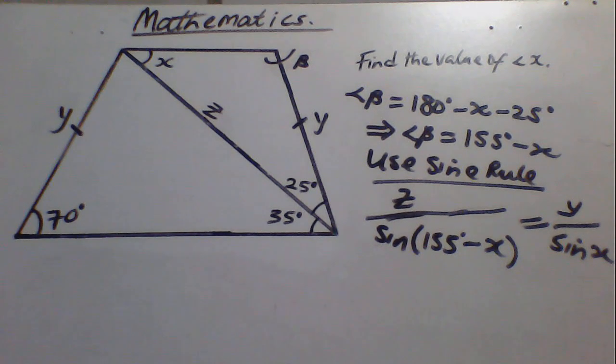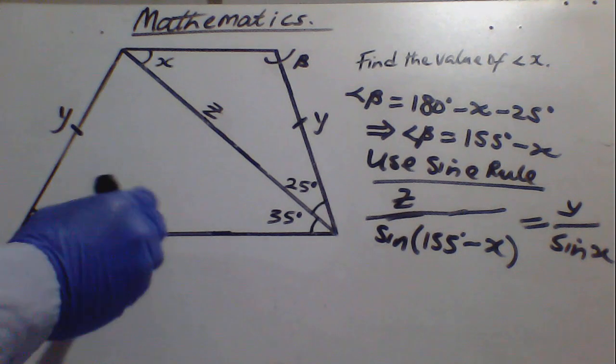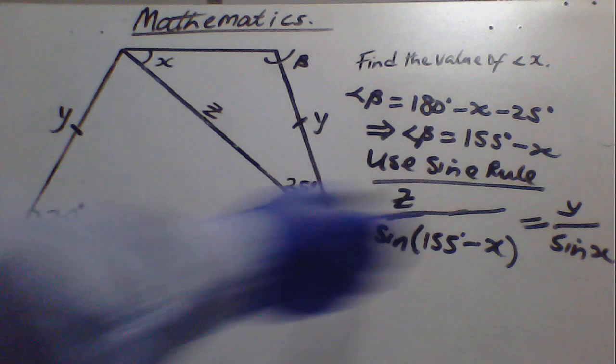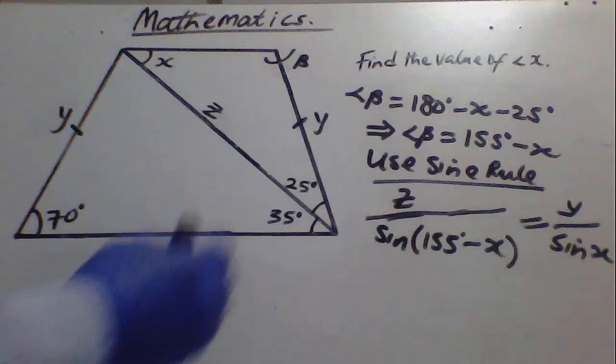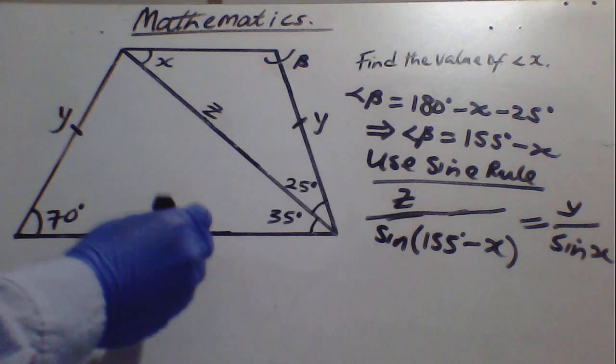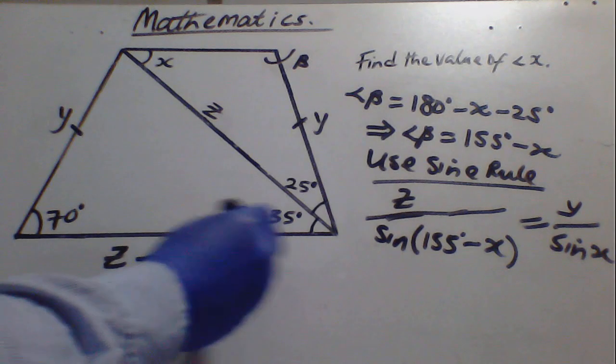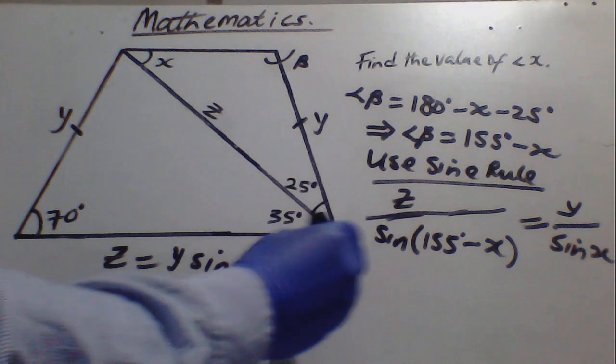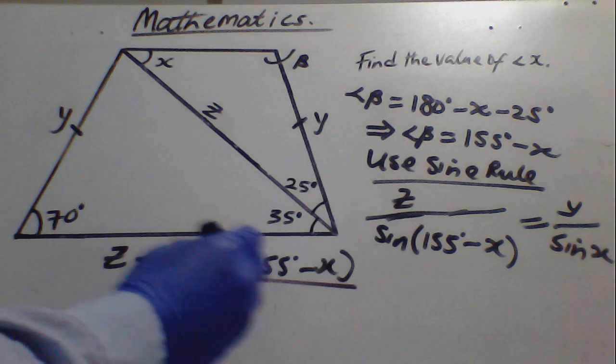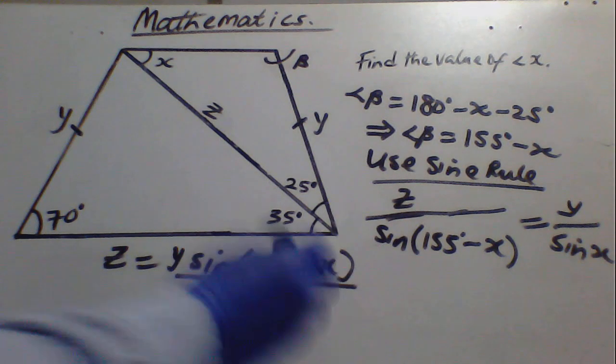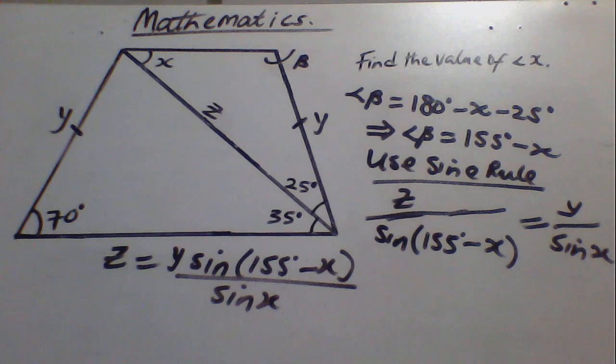The next thing you have to do is to make z the subject of the formula by cross multiplication. If you cross multiply, you have z equal to y sine of 155 degrees minus x divided by sine x. Then you have gotten the value of z.